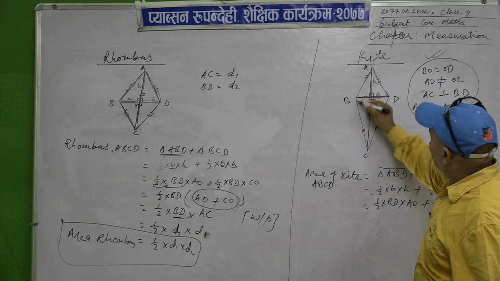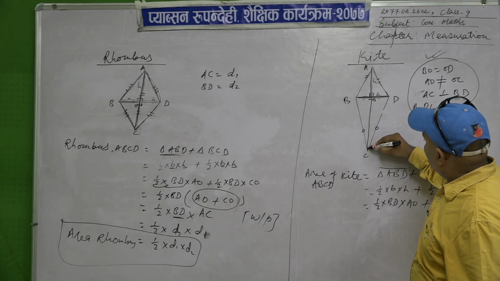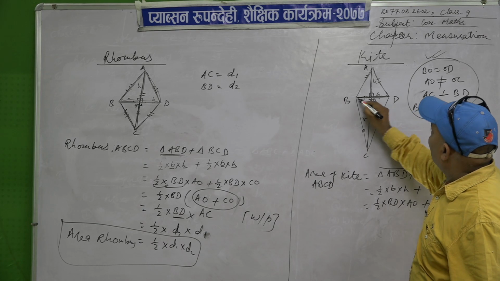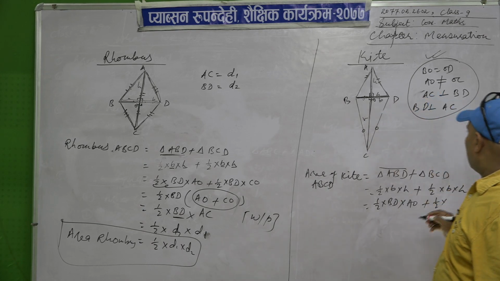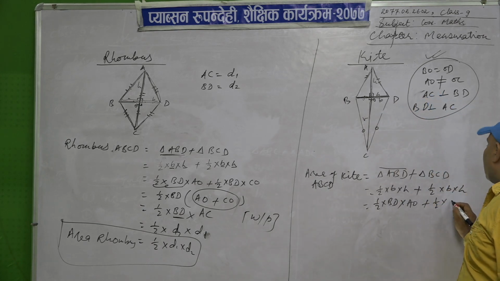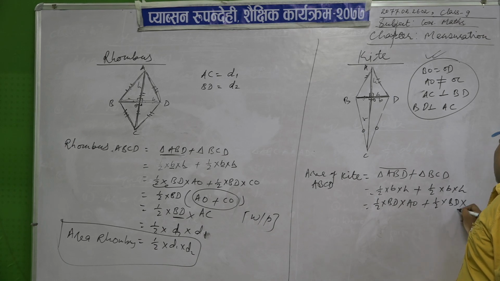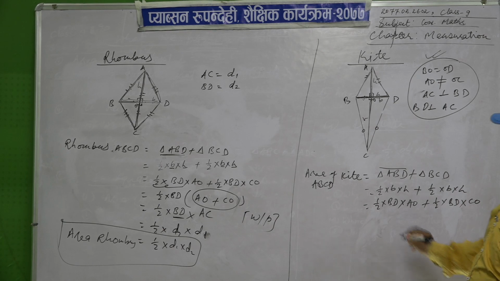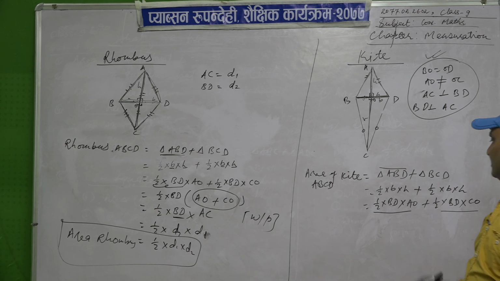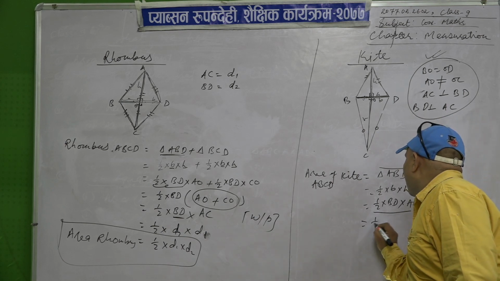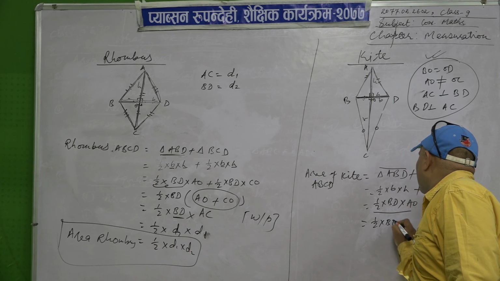For triangle BCD, again this line will be the height and this line will be the base. So the base is BD and the height is CO. This gives the area of triangle ABD, and this gives the area of triangle BCD. Now see what is common here: 1 by 2 into BD is common.